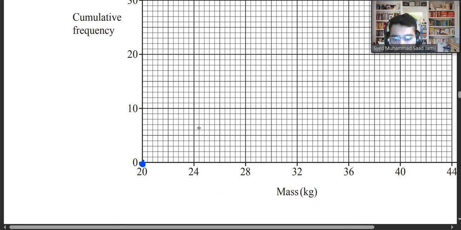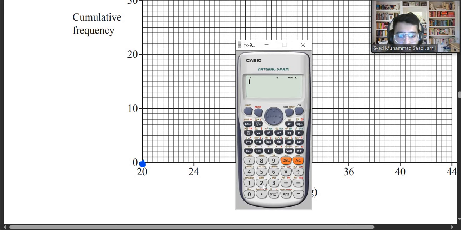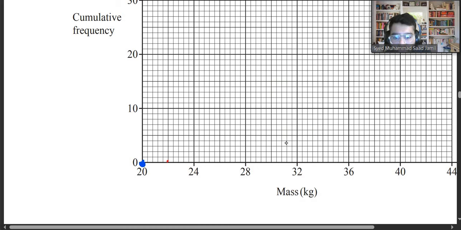So look, 1, 2, 3, 4, 5, 6, 7, 8, 9, 10. When you divide 24 minus 20, which is 4, by 10, each number is 0.4. So this means 20.4, 20.8, 21.2, 21.6, 22.